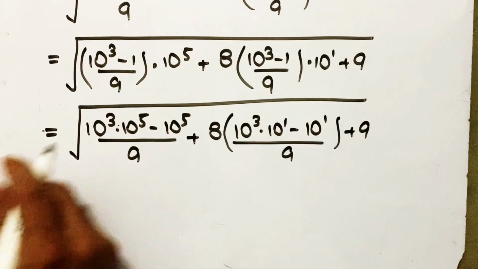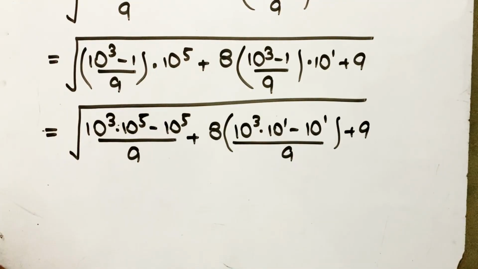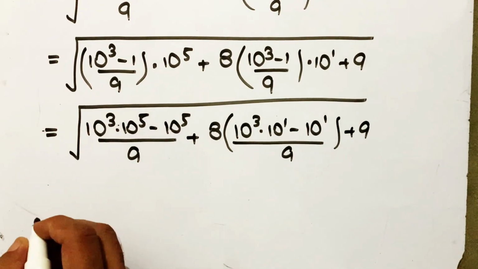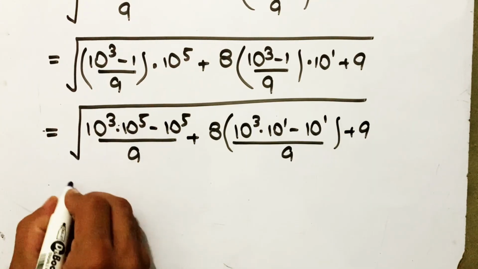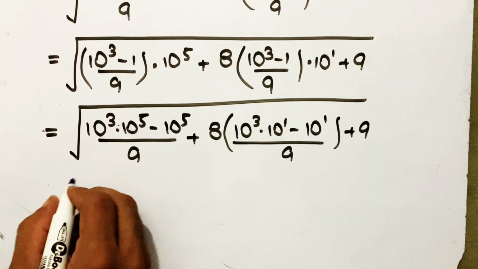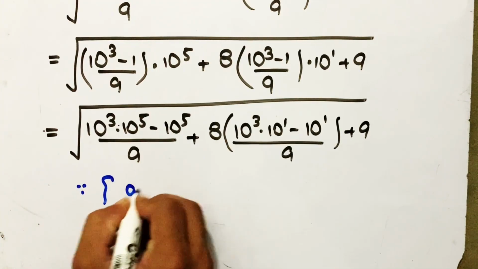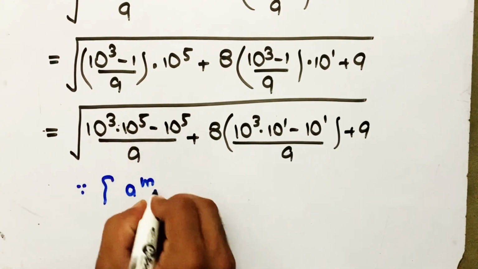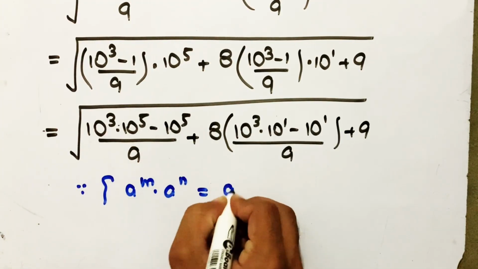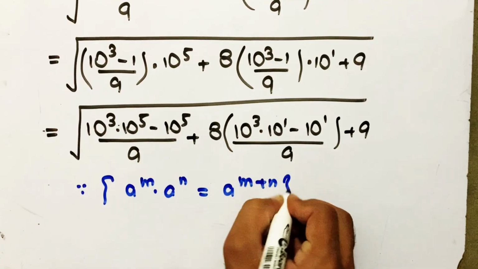So our equation, if I use the formula, where we got the power of power rule, the product of power rule, which is if a to the power of m and a to the power of n, that means the powers will be added.